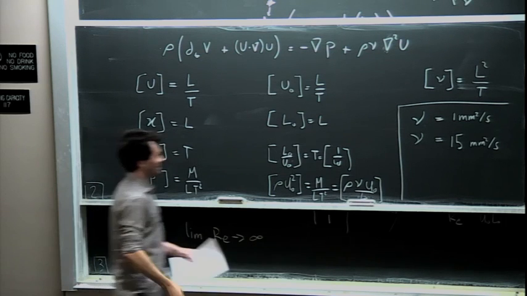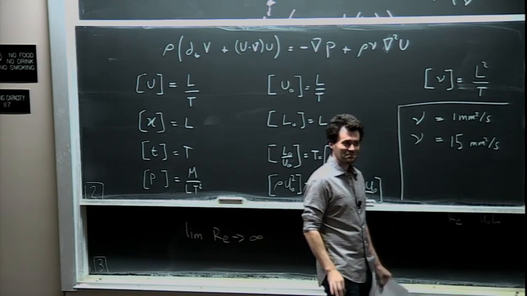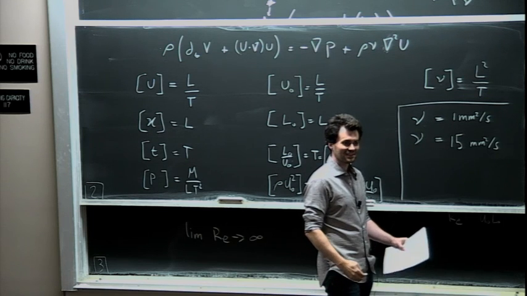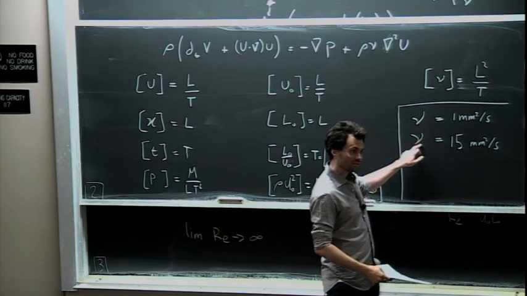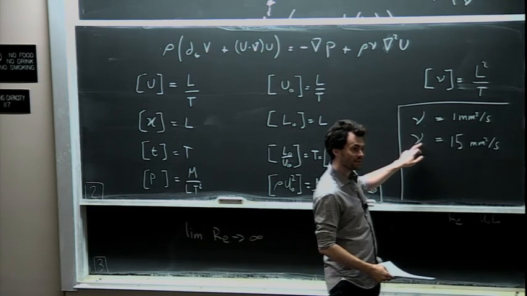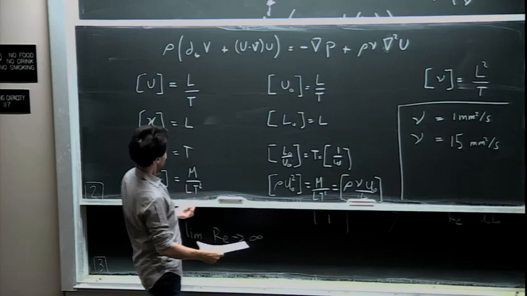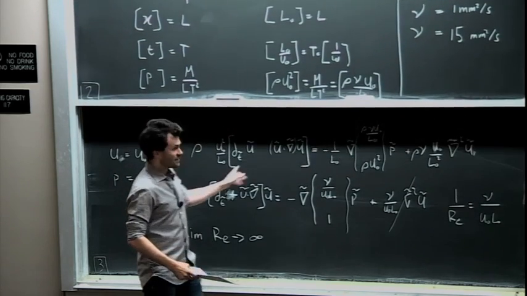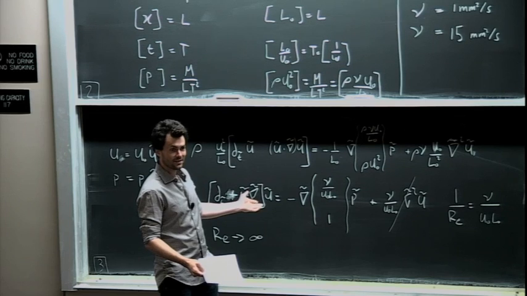I'm sensing some surprise at this. I'm saying that the kinematic viscosity is the relevant one for the Reynolds number. Remember what happened: we wrote down our equation, we de-dimensionalized it, and where did the density go? The density was gone.